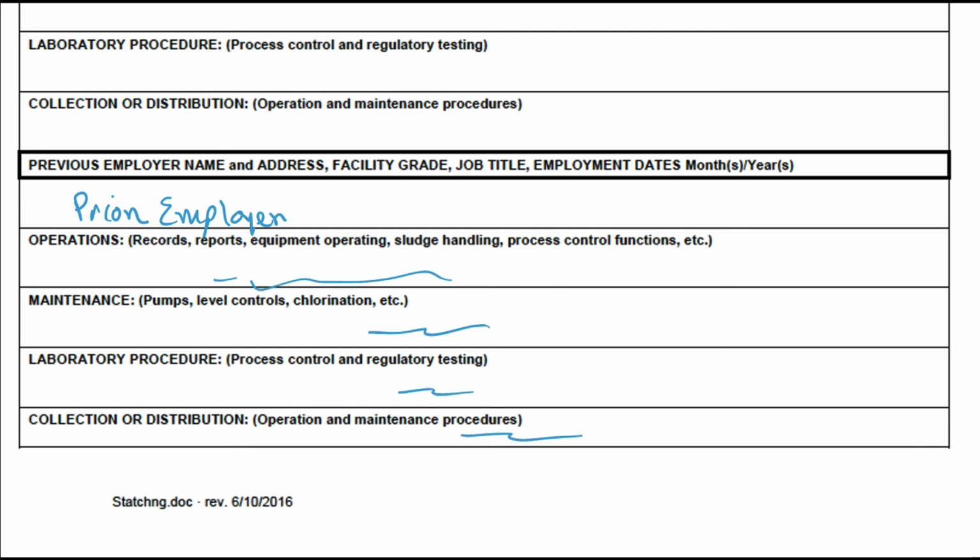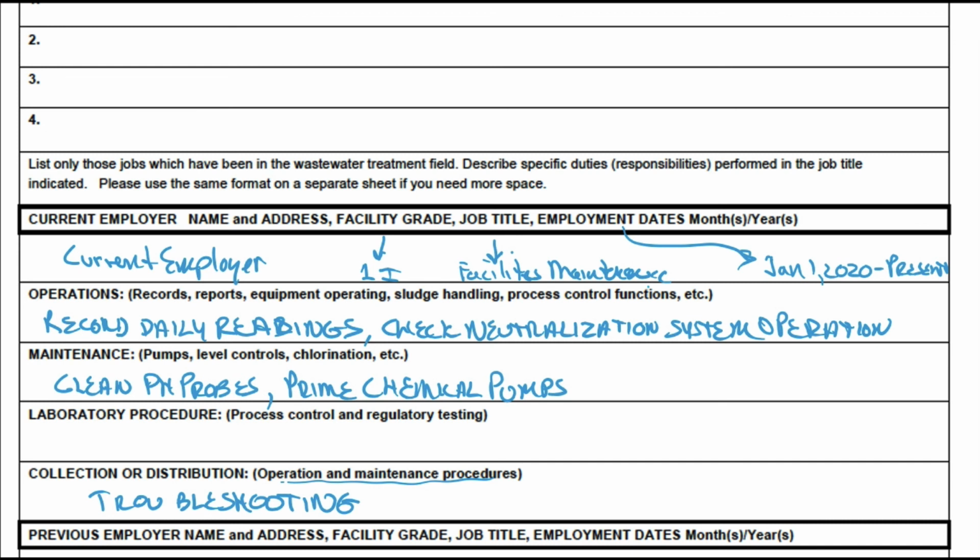And that's it. It's super important that you state that you're actively working on a neutralization system in a facilities maintenance function, and you've been doing it for long enough so that you can get yourself the appropriate change in status that you'd like to get for your license.